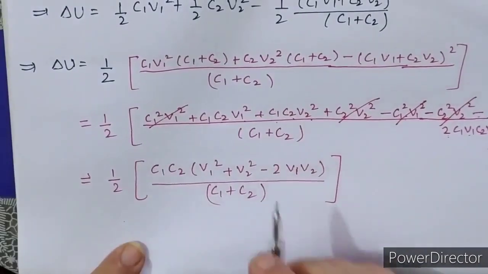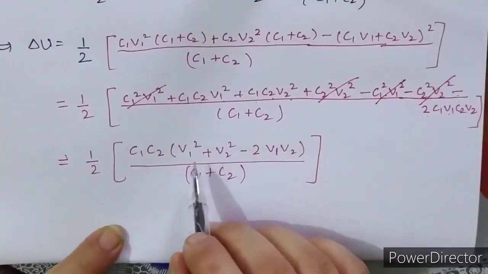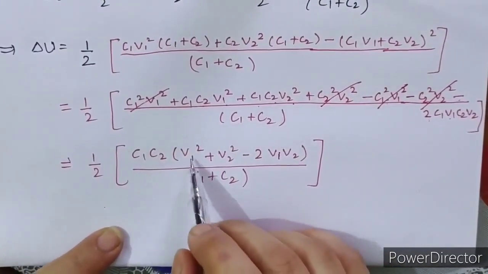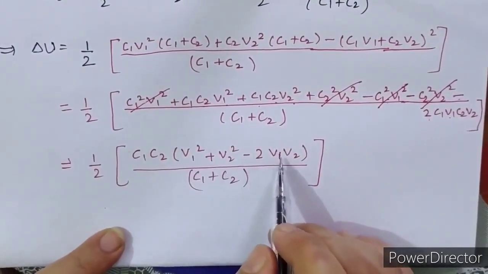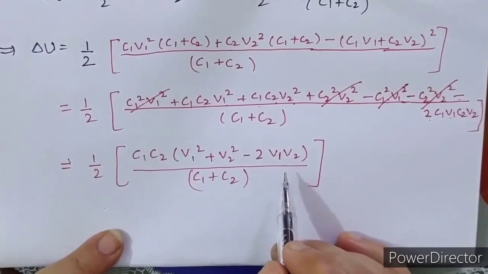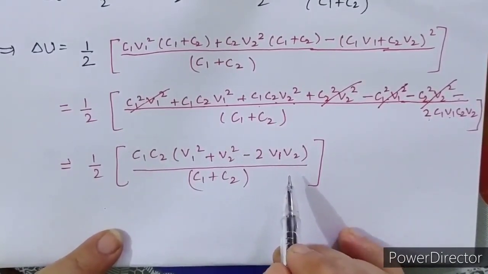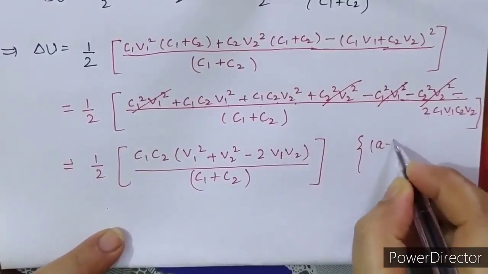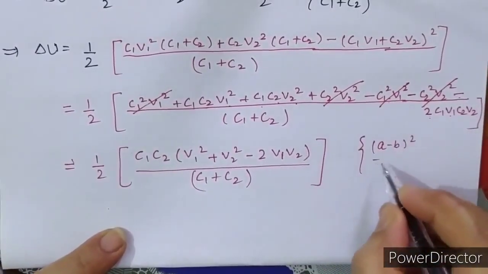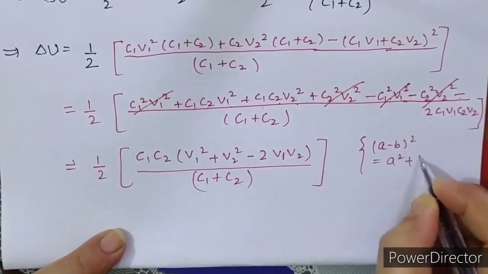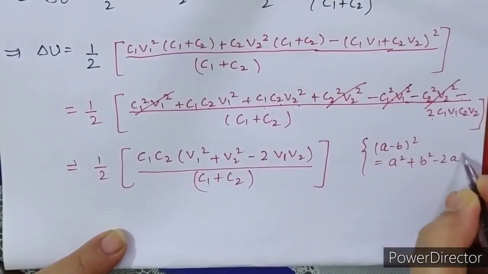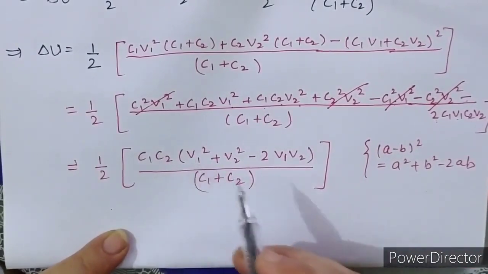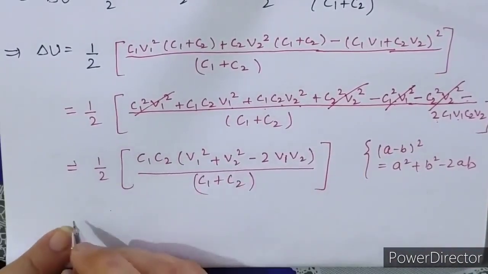Now just look at this equation. I hope you can easily get the identity: A square plus B square minus 2AB means A minus B whole square. So here A is V1, B is V2.